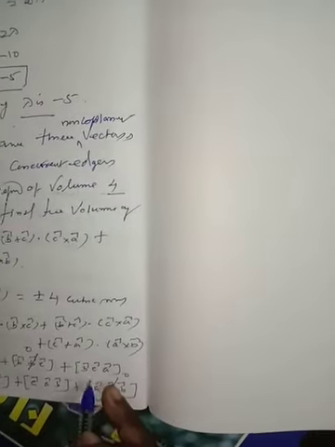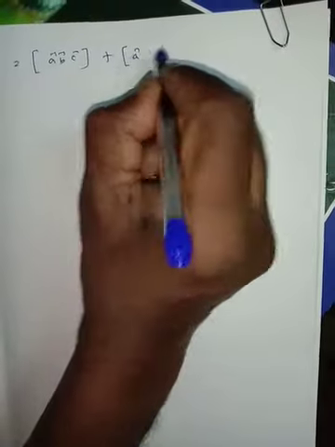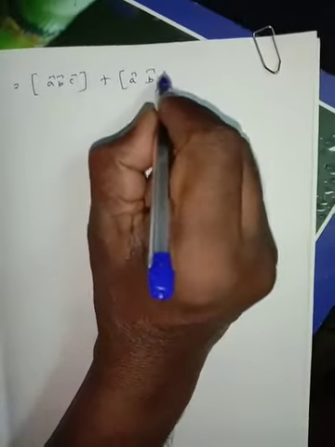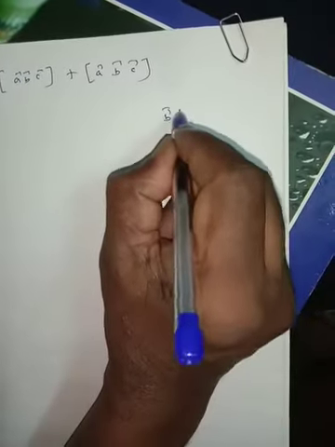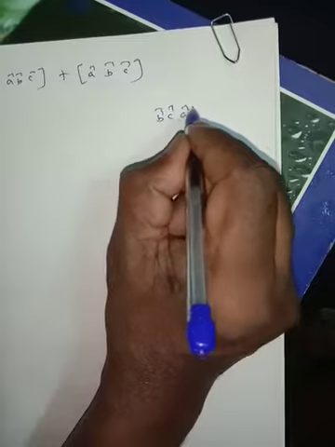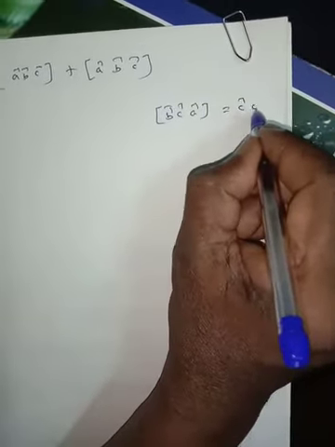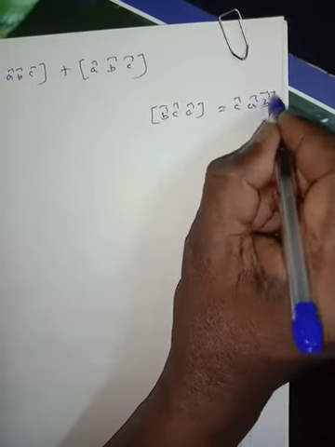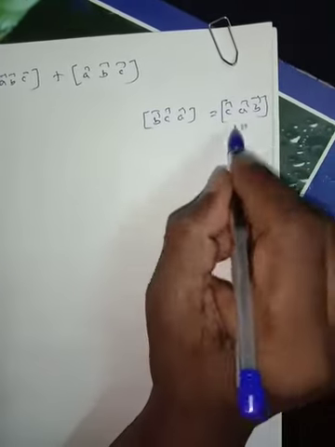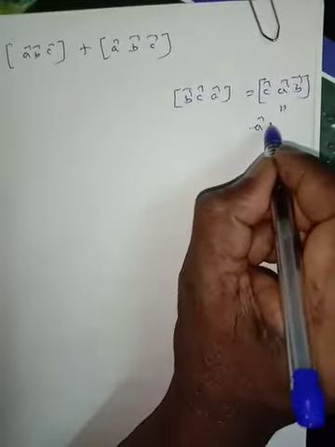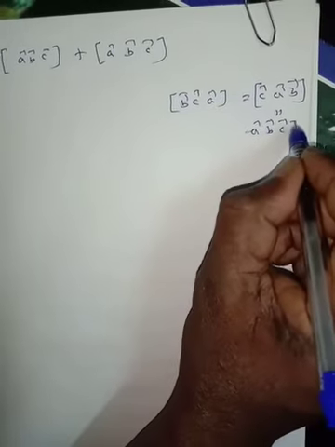BCA means CAB is ABC. So A vector B vector C vector, since B vector C vector A vector is equal to C vector A vector B vector is equal to A vector box product of B vector C vector.